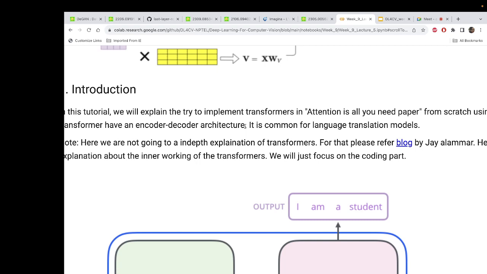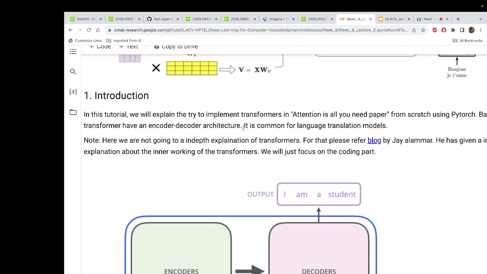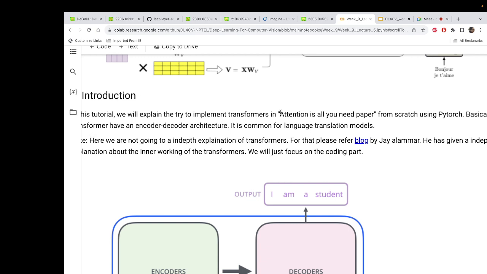Now if you look at modern PyTorch code, multi-head attention and all these things, transformers are already available as black box modules, but here we are explaining the paper Attention Is All You Need.